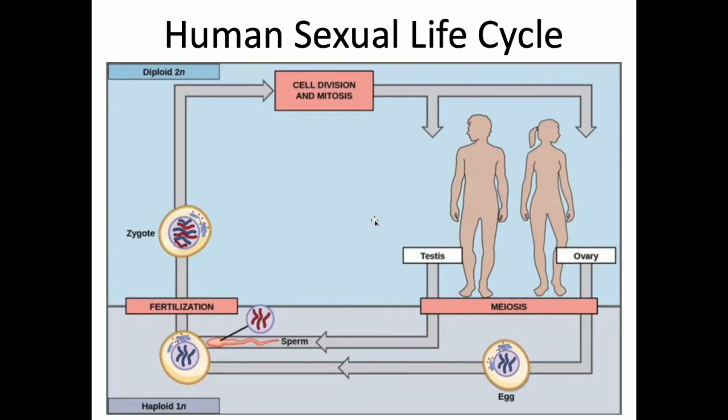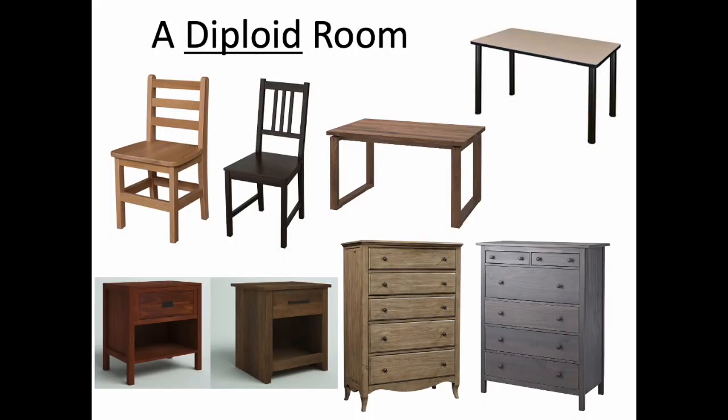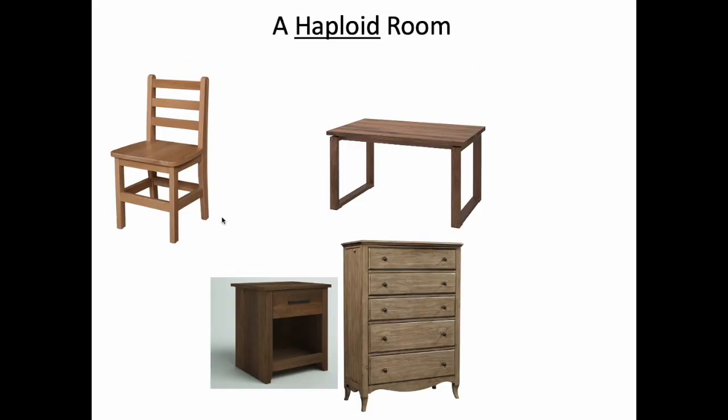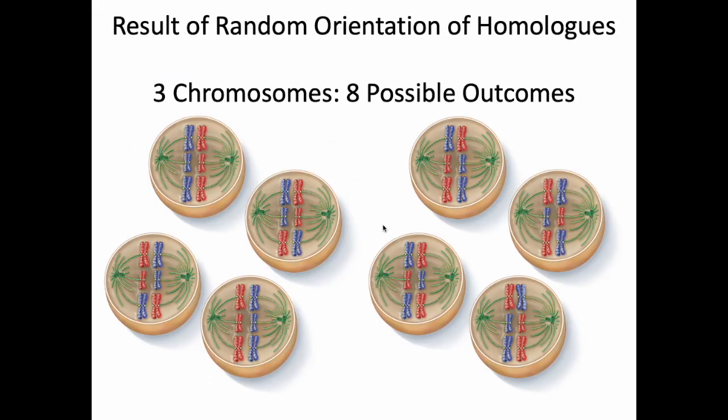Back in that chapter, I introduced this analogy of diploid meaning having two slightly different chairs and two slightly different tables and two slightly different nightstands and so on. Each parent is diploid, but when it comes time to making eggs or sperm, they make haploid cells. They make haploid rooms. Only one of each piece of furniture gets passed on to the offspring. And of course, which one goes is chosen randomly.